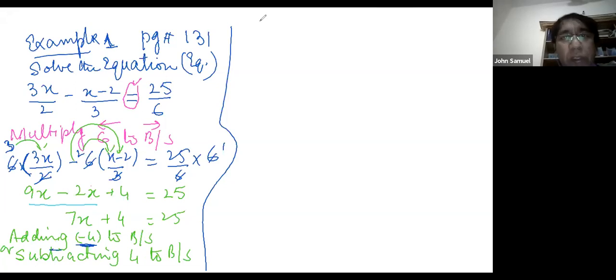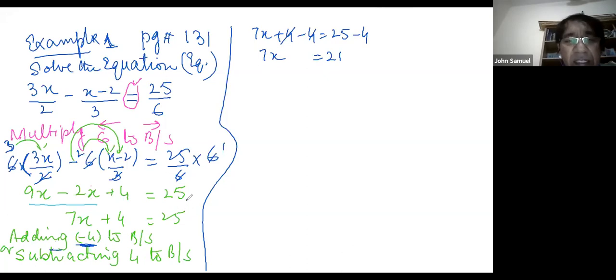So we'll write it like this: 7x plus 4 minus 4 is equal to 25 minus 4. Hope you got it. Now after subtracting, we'll get 7x is equal to 21. Now see, this is linear. This has now come into the standard form.